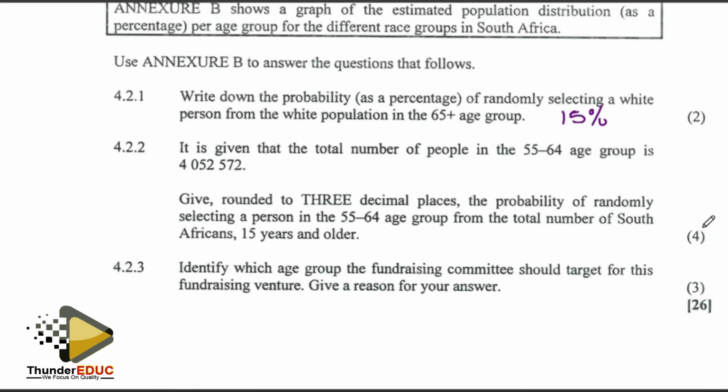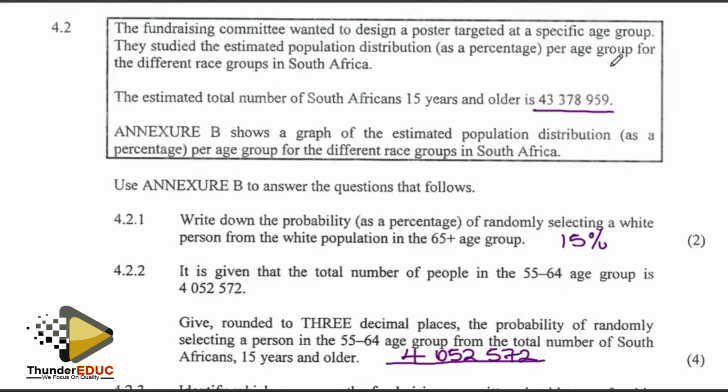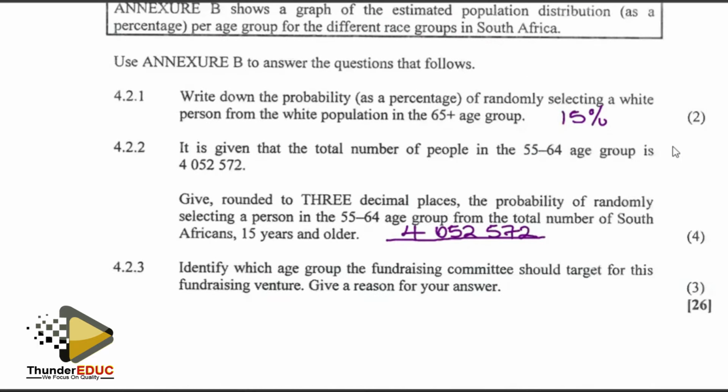So this is so simple. You're taking the number they have given you, which is 4,052,572, divided by the total number of this one here, 43 million 378,959.